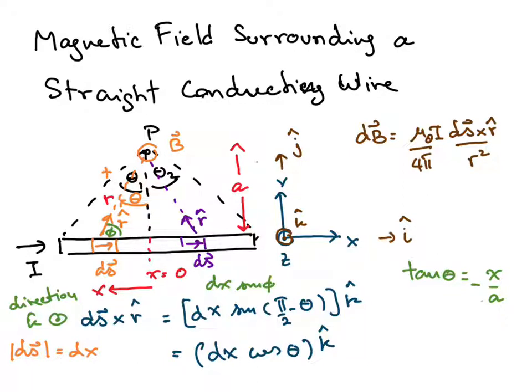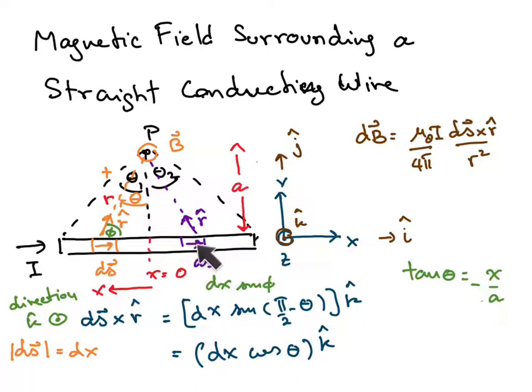It means that x itself is negative for this segment, and when we put the negative sign, minus a is positive. A is positive by definition, it is the distance. And tan theta for this segment is positive. So we can write that tan theta is equal to minus x over a.